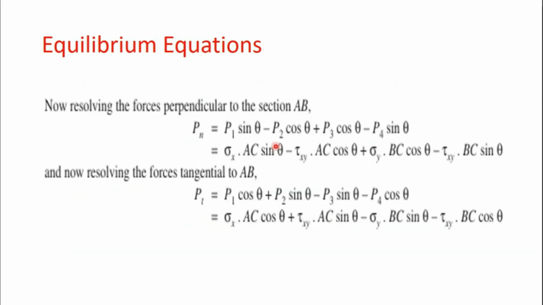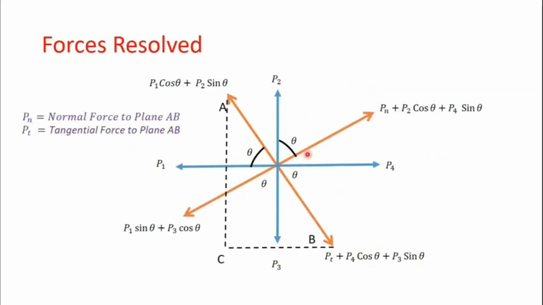And you can see, putting the values of P1, which we already know: P1 equals sigma x into AC, P2 equals tau xy into AC, P3 equals sigma y into BC, and P4 equals tau xy into BC. And if you still do not know where, how this P1, P2 I have written, you can see this equation.